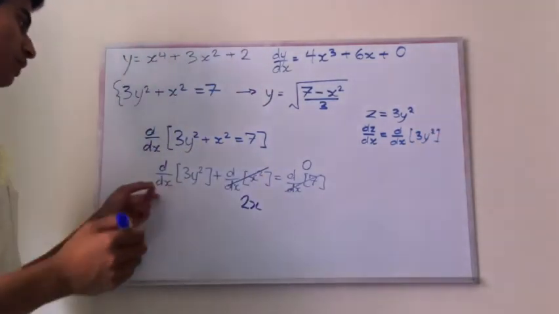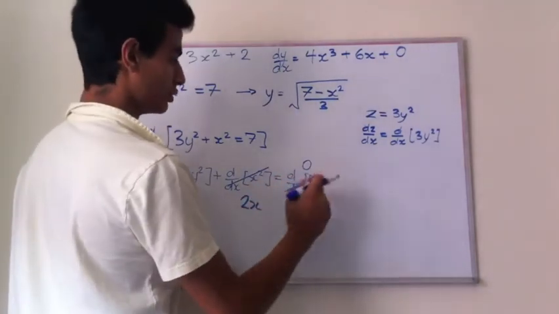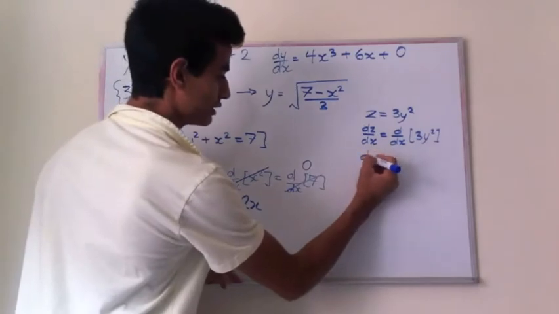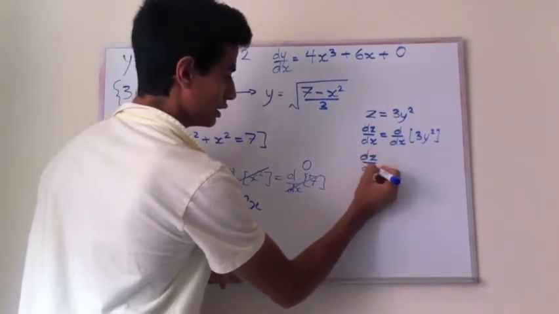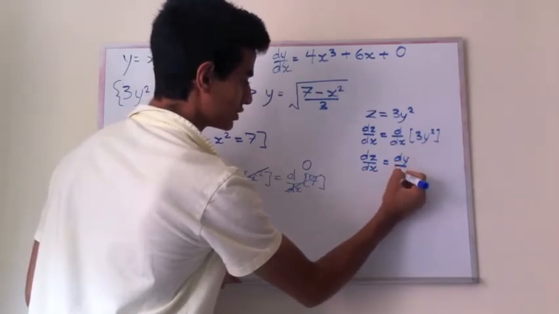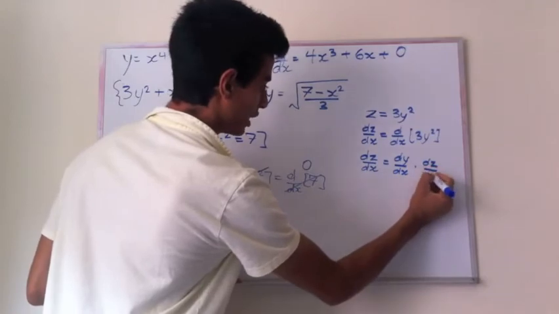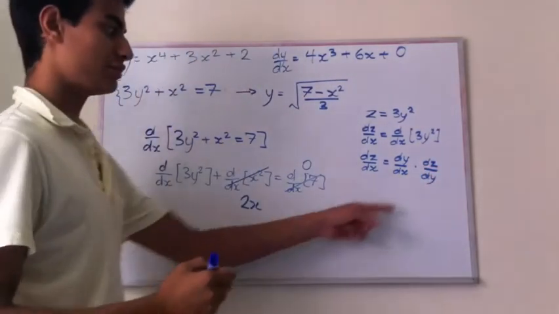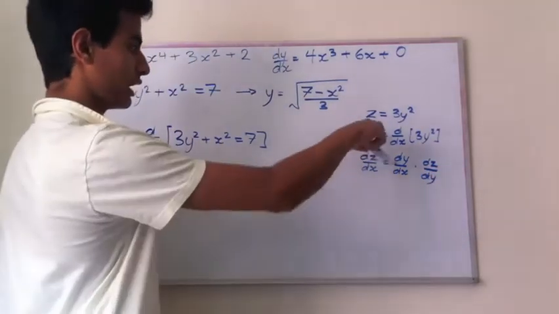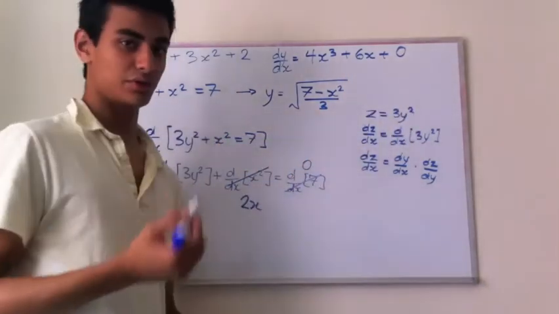But this is not very helpful. All I've basically done is rewritten this. But we know from the chain rule that dz over dx will equal dy over dx times dz over dy. So now we need to find dz over dy, and we'll have our derivative for 3y squared, because z is equal to 3y squared.